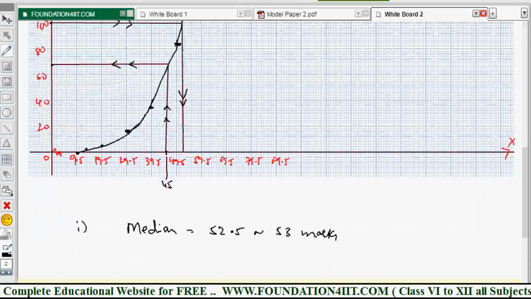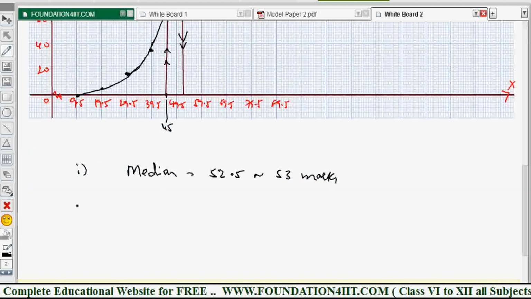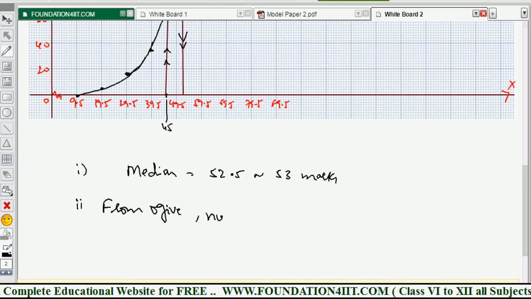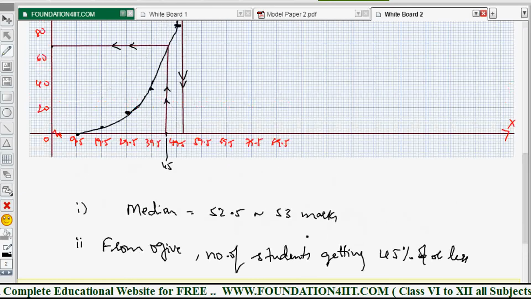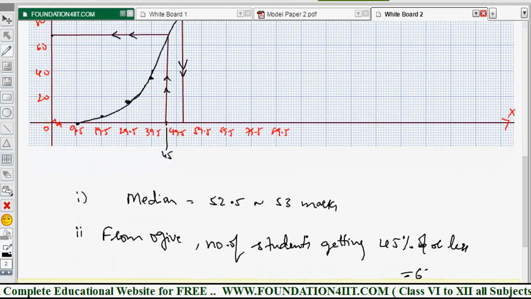From the ogive, the number of students getting 45% or less is around 60 according to this graph. Accurately, if you do it clearly, it is 68.